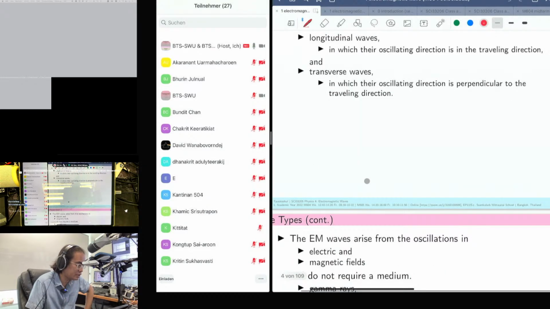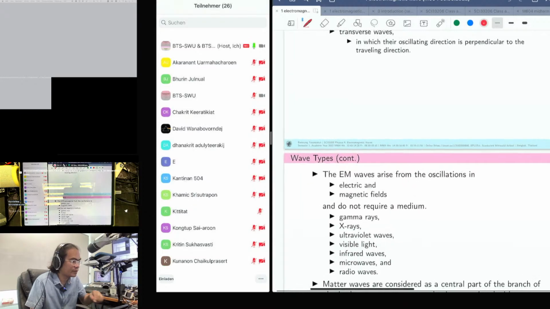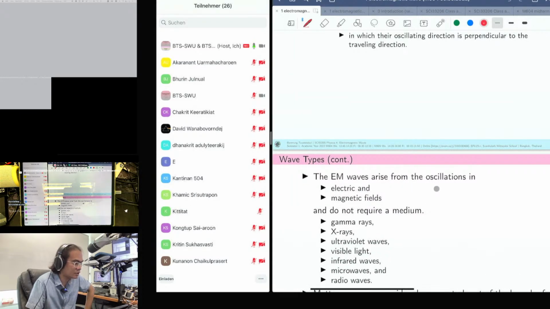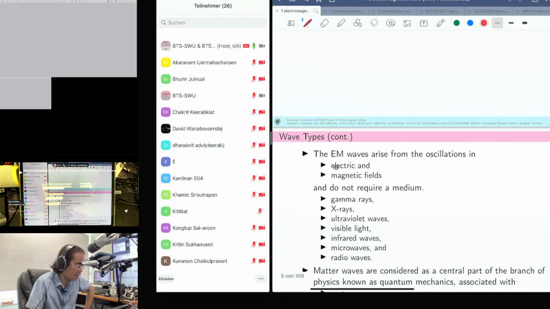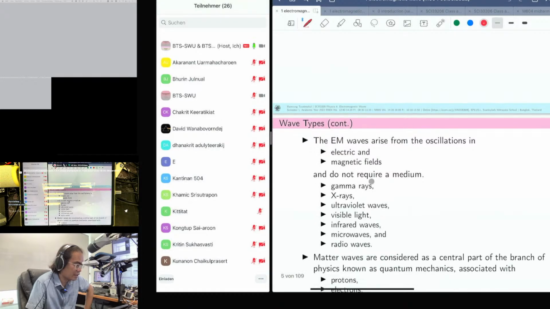What else? The EM wave arises from the oscillation in electric field and magnetic field. As I told you, we are going to study how the EM wave is generated by electric field and magnetic field. And the EM wave doesn't need any medium.